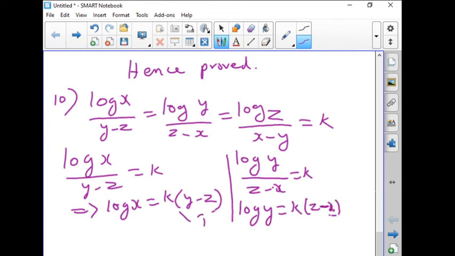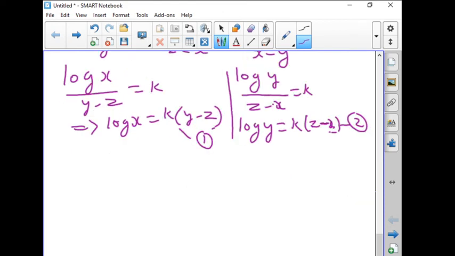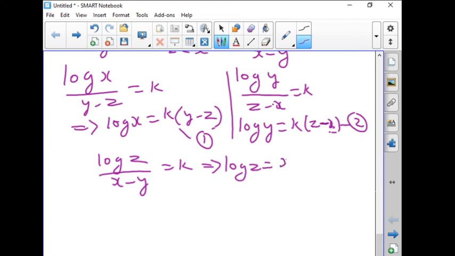So this you take as 1, this as 2, and what about the last one? Log z by x minus y is equal to k. So we get log z is equal to k into x minus y. This you take as number 3.